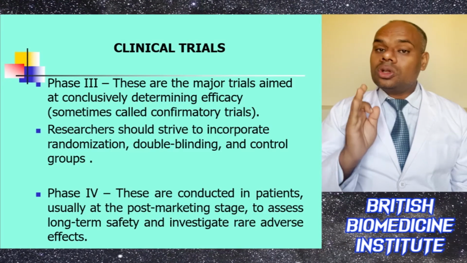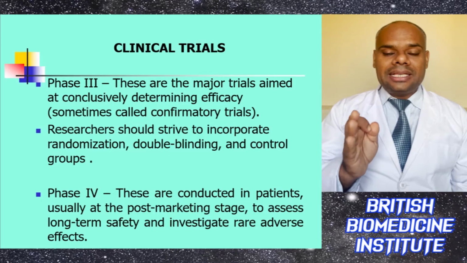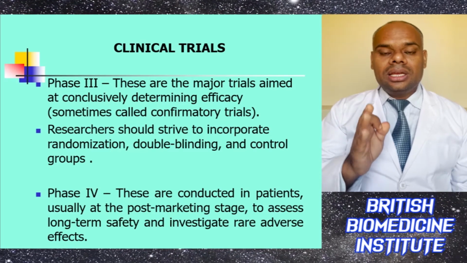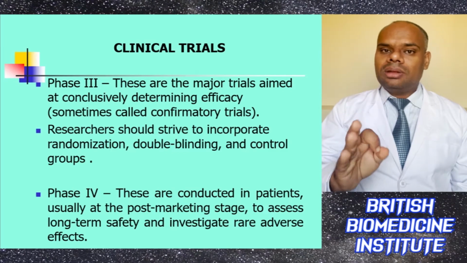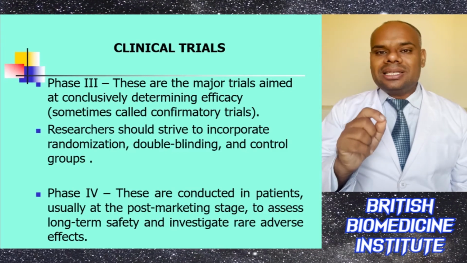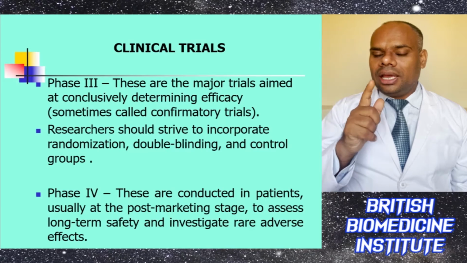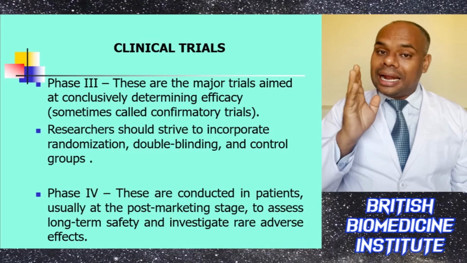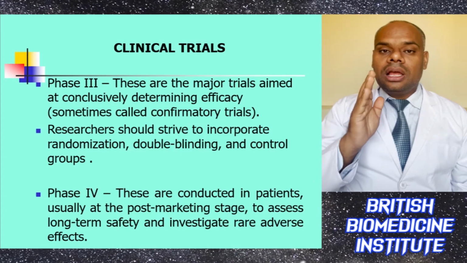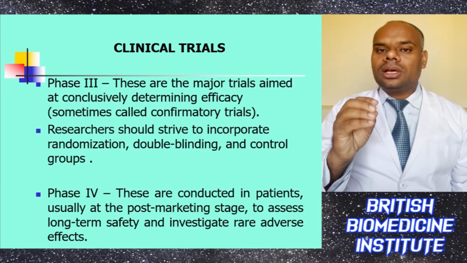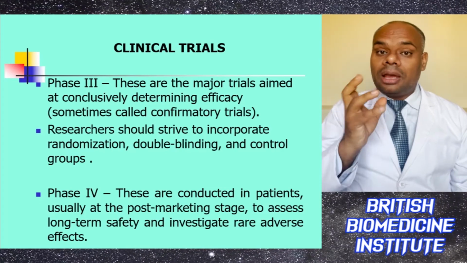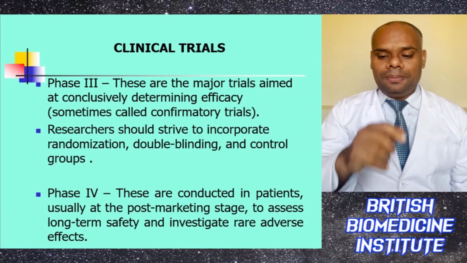Whereas phase 4, also known as PMS, post marketing surveillance, is conducted in a large group of population. Basically here the medicine is available over the counter, and pharmacovigilance plays an important role in identifying signs and symptoms of the medicine which is available in the market, which has already been approved by the FDA.